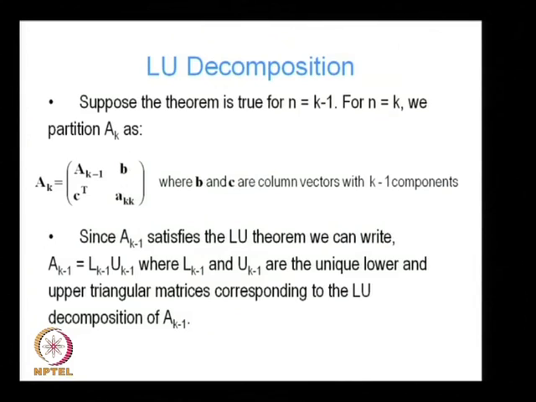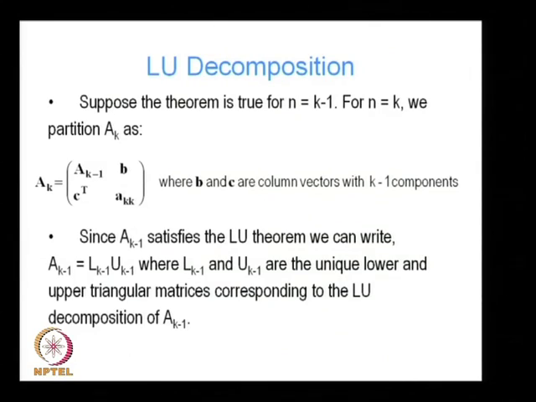B is a column vector with k minus 1 components, C transpose is actually a row vector with k minus 1 components, and then the diagonal term Akk.